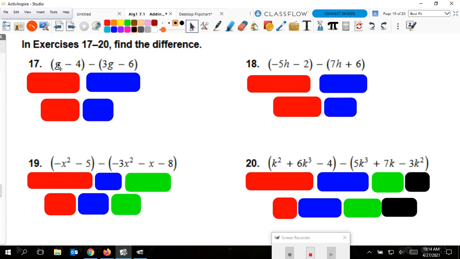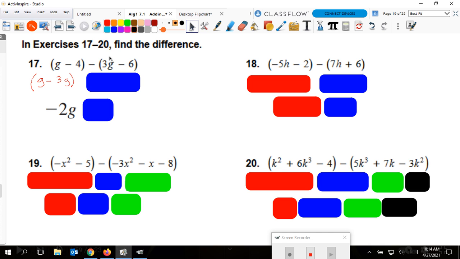So the g and the 3g. So we have basically a g minus 3g on this one, because this is going to become negative times a 3g. So g minus 3g is what we're going to combine together. This is a 1g, so basically 1 minus 3 is going to give us negative 2g for the first part. Then for the constants, we have negative 4 minus negative 6.